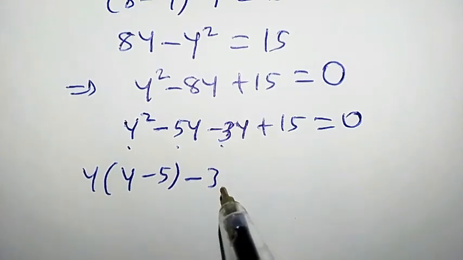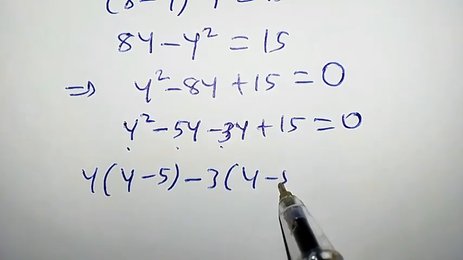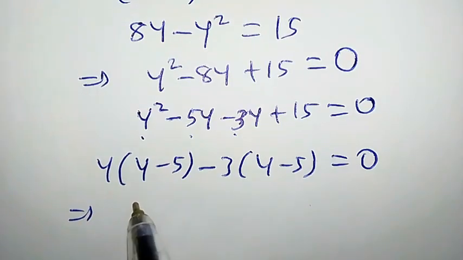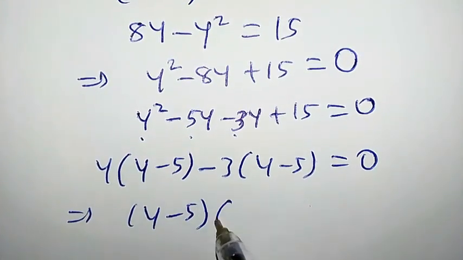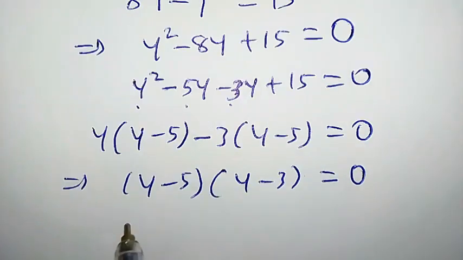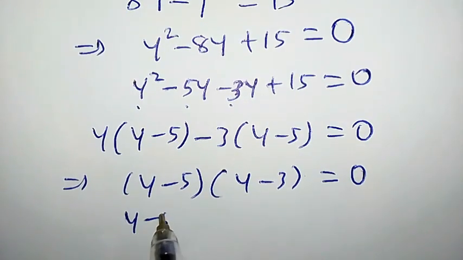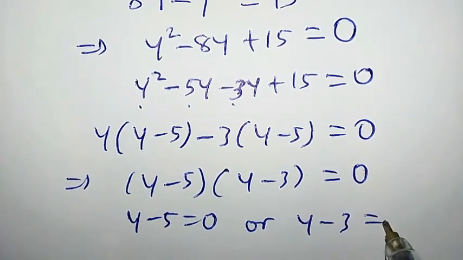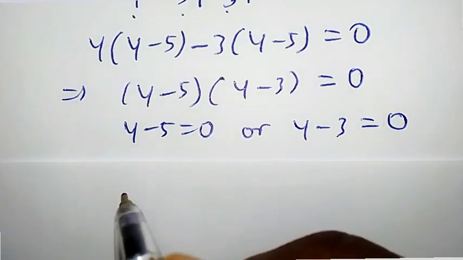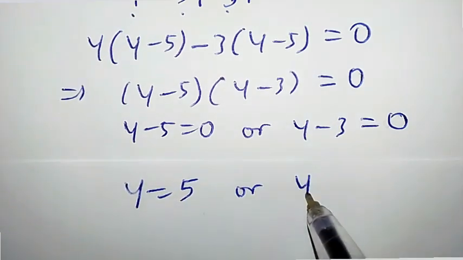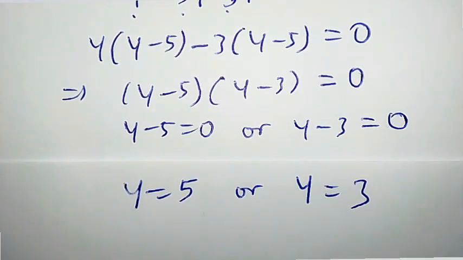So we have minus 3 into y minus 5 equal to 0. This implies that y minus 5 times y minus 3 is equal to 0, which in turn gives y minus 5 equal to 0 or y minus 3 equal to 0. Clearly, y is equal to 5 or y is equal to 3.